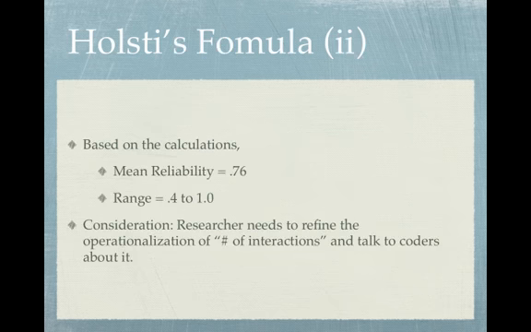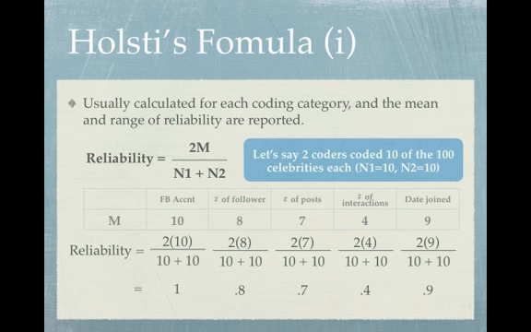And the way that we report them, we say that the mean reliability was around 0.76, and the range was from 0.4 to 1.0. So when I see this as a researcher, and I look at the fact that the number of interactions was very low, they didn't agree more than half of the times, then this should be an alarm for me to say, well, there's a problem here.